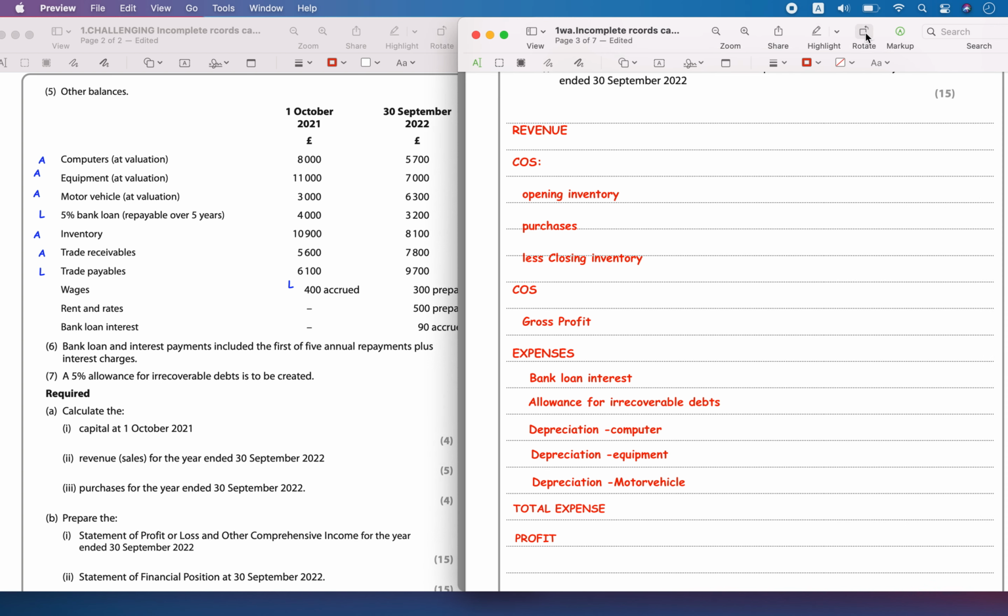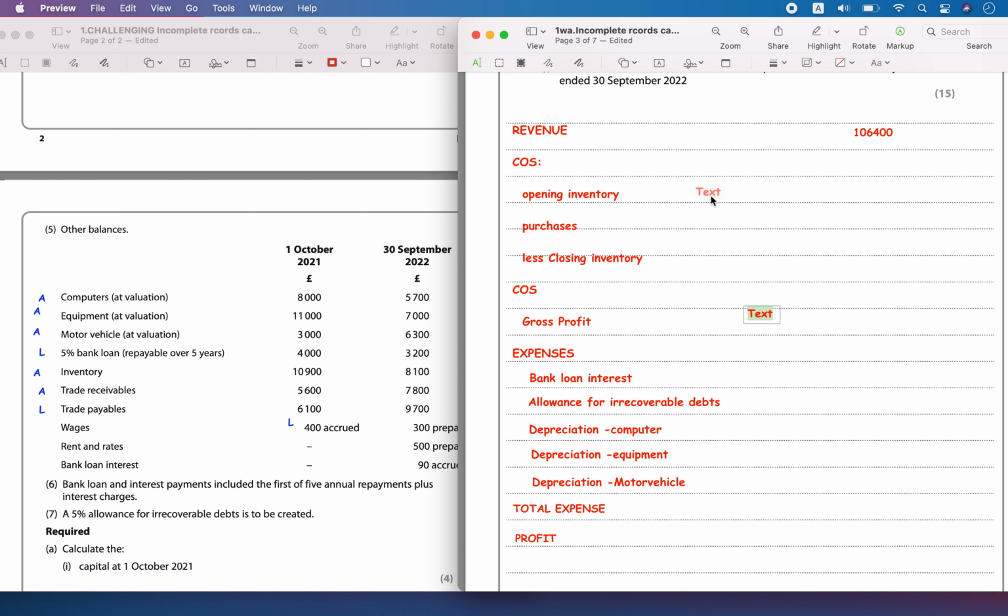So let's write that. The revenue is going to be 106,400. Then cost of sales: opening inventory plus purchases less closing inventory.